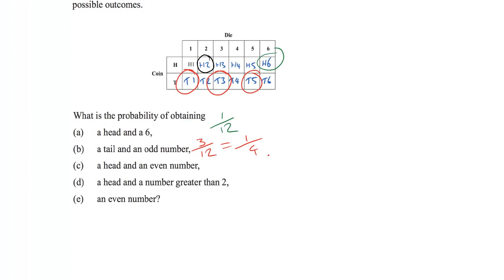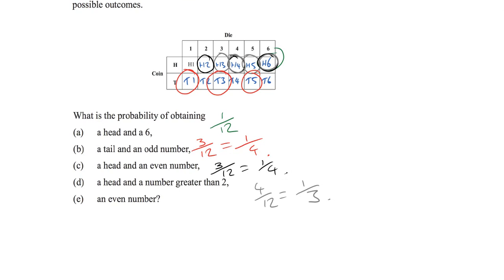Okay, 1, 2, 3 in this case. So again, we've got 3 over 12, which is a quarter. Next one. A head and a number greater than 2. So that's not including 2 itself. So that is 1, 2, 3, 4. So that will be 4 out of 12, which is a third.